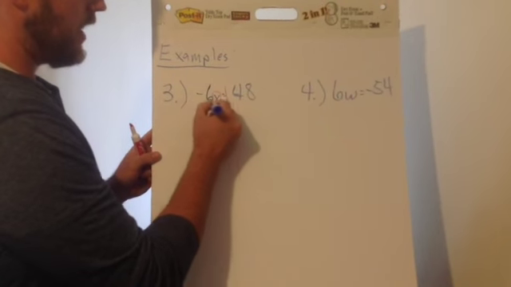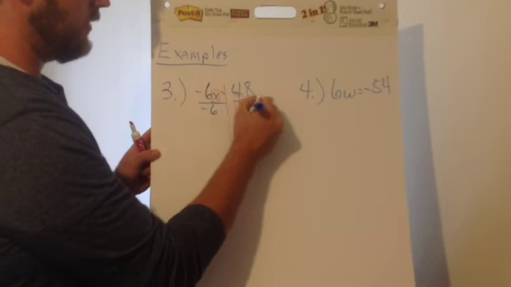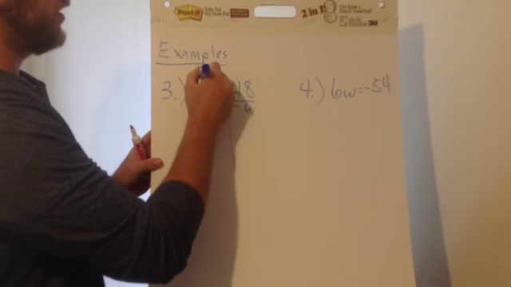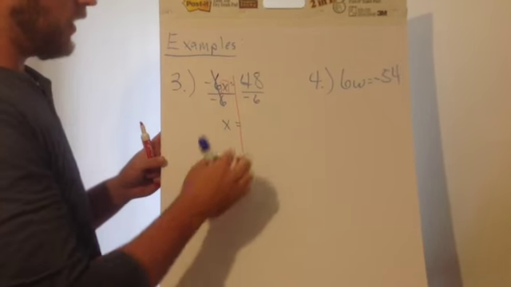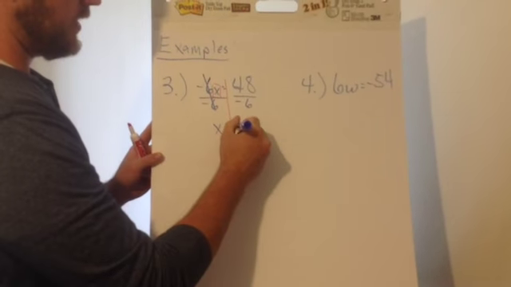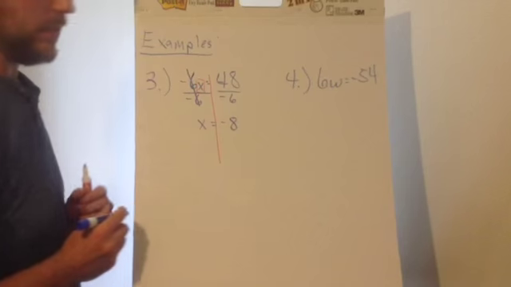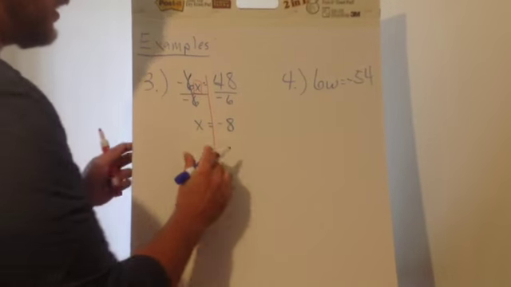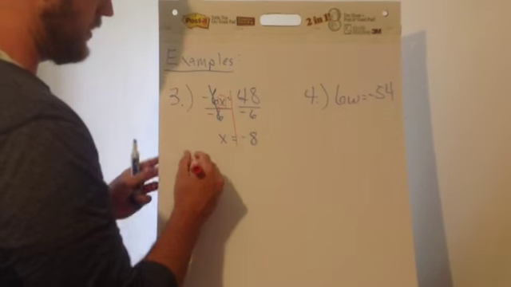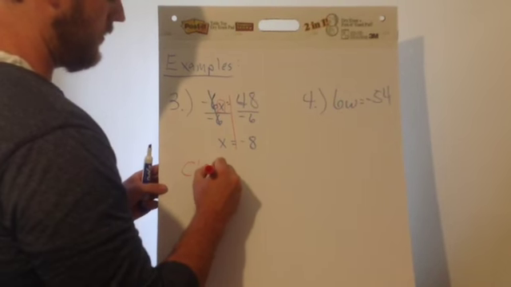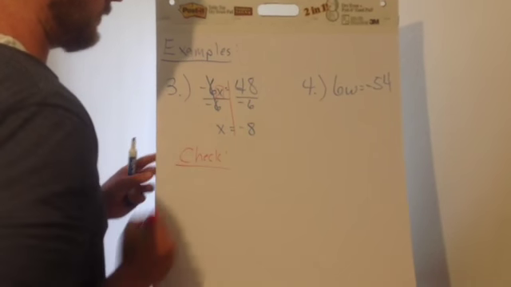So if I divide negative 6 on both sides, these cancel, leaves me with the x by itself, which is what we want. 48 divided by negative 6 is negative 8. Alright? So, we think this is our solution, but first, before we do that, we need to check. Never forget to check.